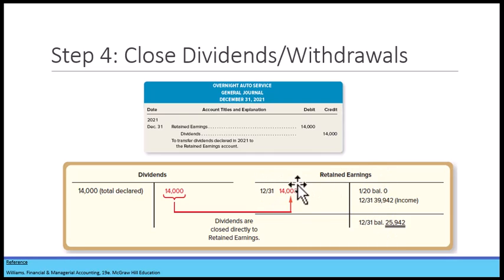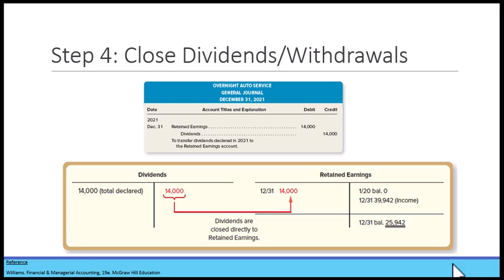So when we post a debit to retained earnings, we are reducing retained earnings. And if we think about what dividends and withdrawals are, that makes sense. When we pay dividends to our shareholders, or when an owner takes a withdrawal from the business, it is reducing the amount of earnings that are being retained within the business. It's reducing retained earnings.